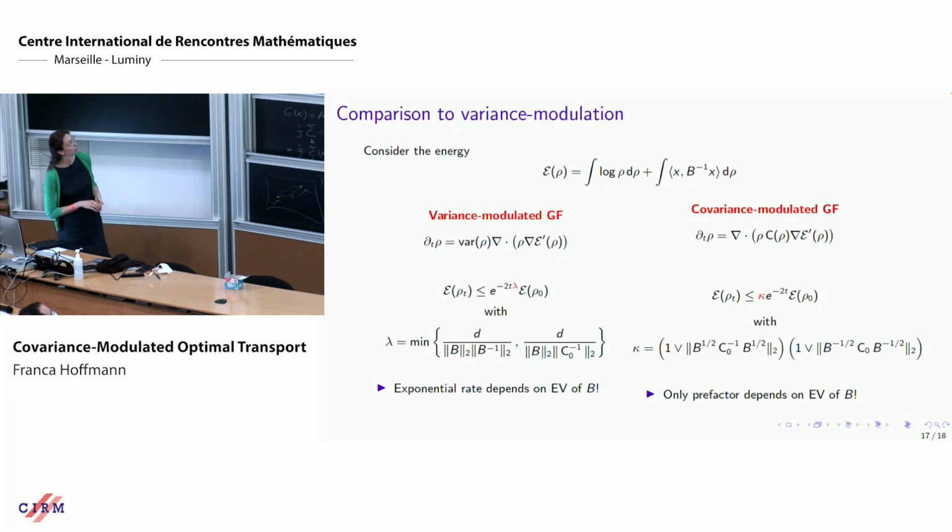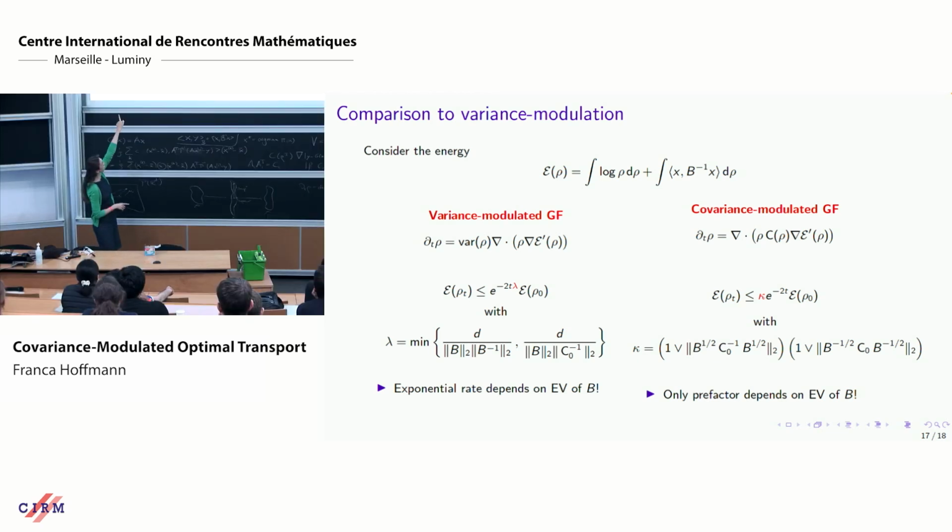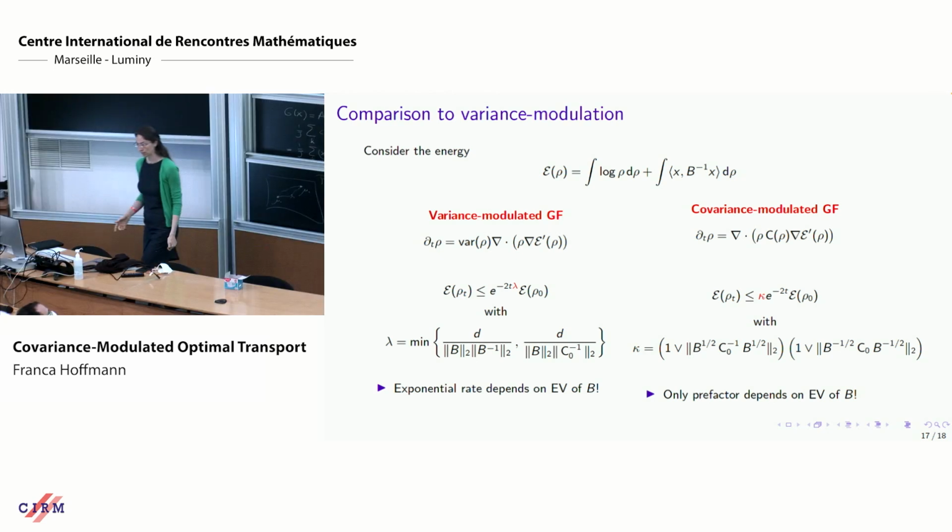So the difference between the variance and the covariance modulated gradient flow is basically that for the variance modulated, the potential B shows up in the exponential rate, whereas for the covariance weighted one, it shows up as a prefactor. And of course, in terms of convergence, that's very nice. I mean, that's why it's actually sort of worth looking into this topology, in my opinion.